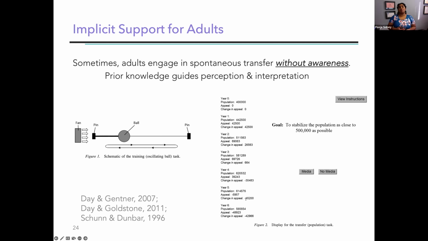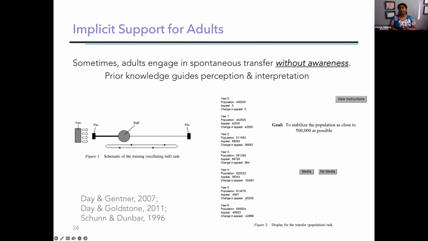And then they solved a problem where they had to control the size of a population by using media advertisements. And many adults demonstrated analogical transfer from the first scenario to the second, despite a lot of differences in the surface features. More importantly, for my talk and my argument today, some of the adults in the study showed evidence of analogical transfer without being consciously aware of any similarities between the old problem and the new problem.